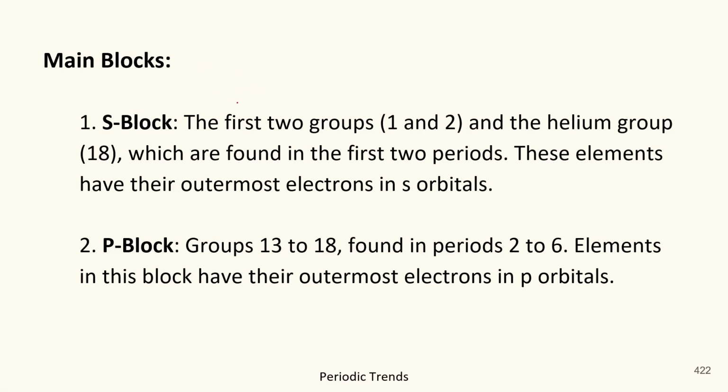And he also introduced blocks. Like first two groups 1 and 2, and the helium group 18, which are found in the first two periods. These elements have their outermost electrons in s orbitals.